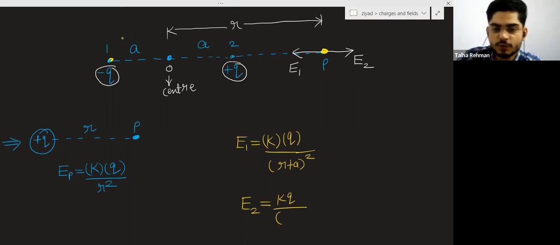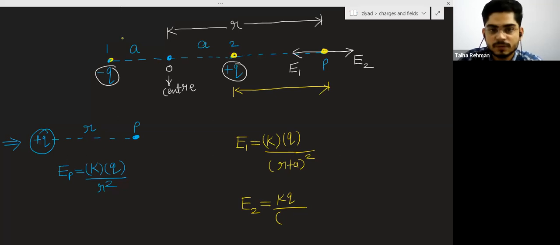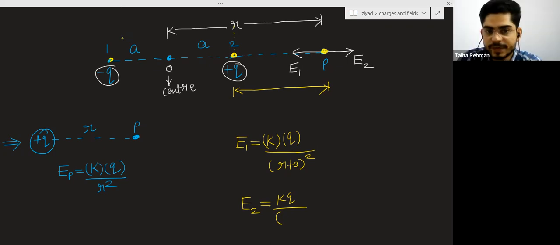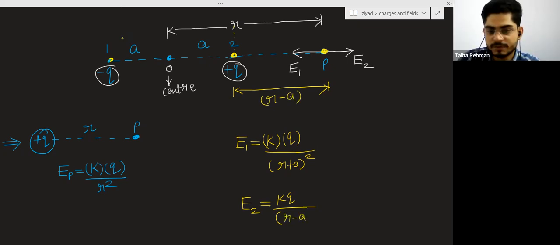So see here. First focus on the two points between which you have to find the distance. We want this distance, right? So what we will do, this whole distance is R. And when we subtract this A from this R, we will get this distance R minus A. So R minus A square.